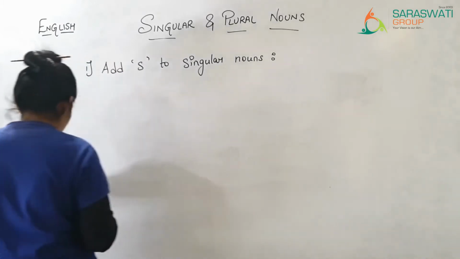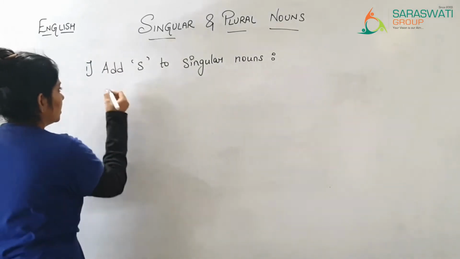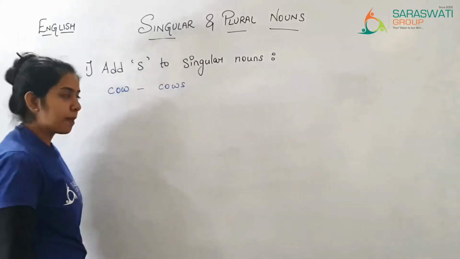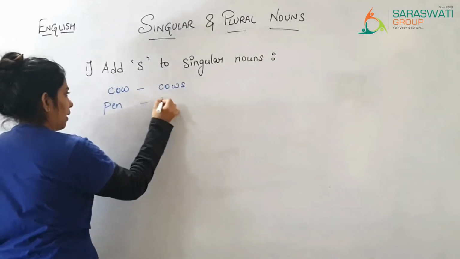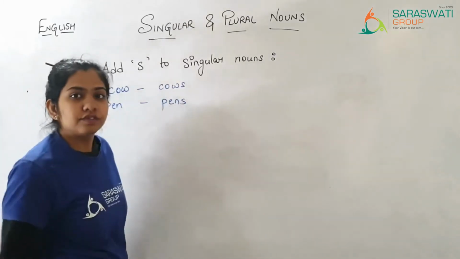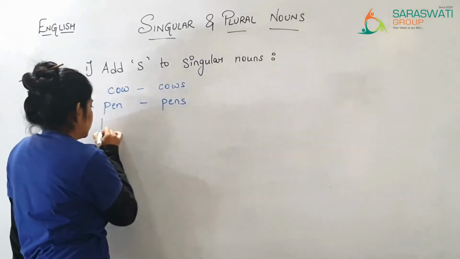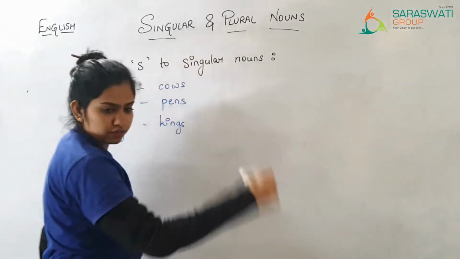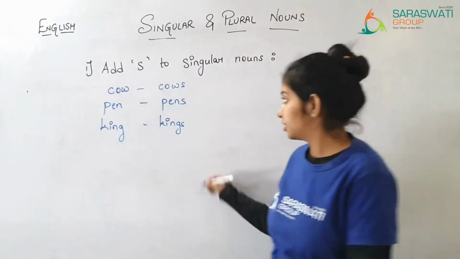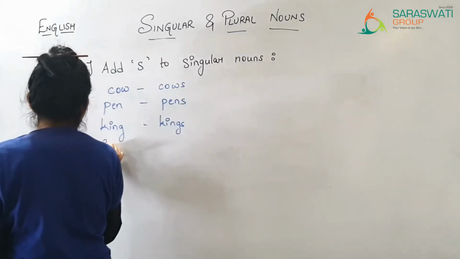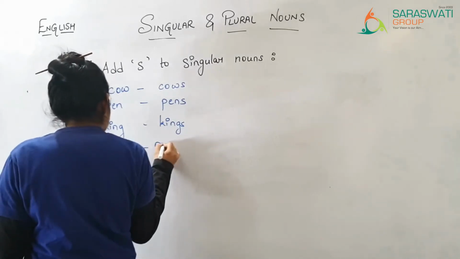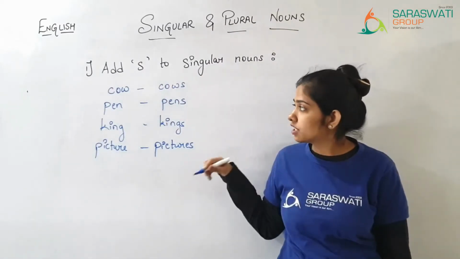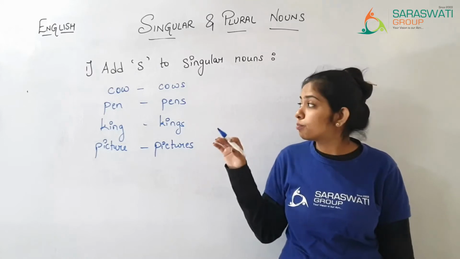For example, cow, then cows, pen, pens, king, kings, picture, pictures.